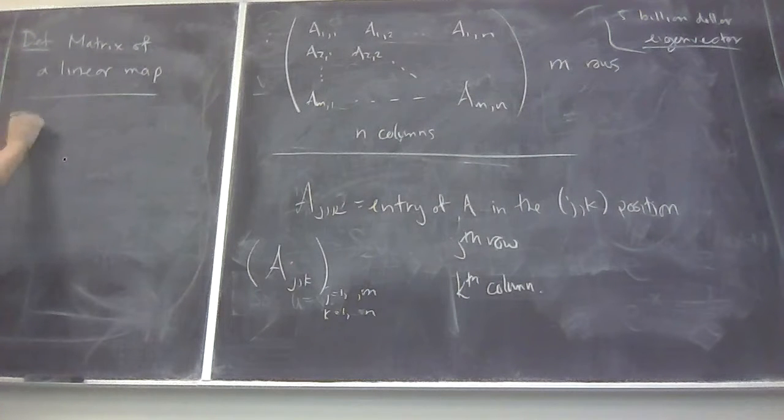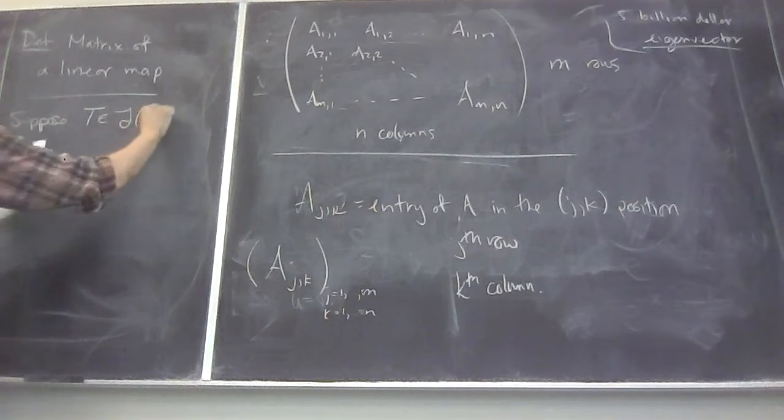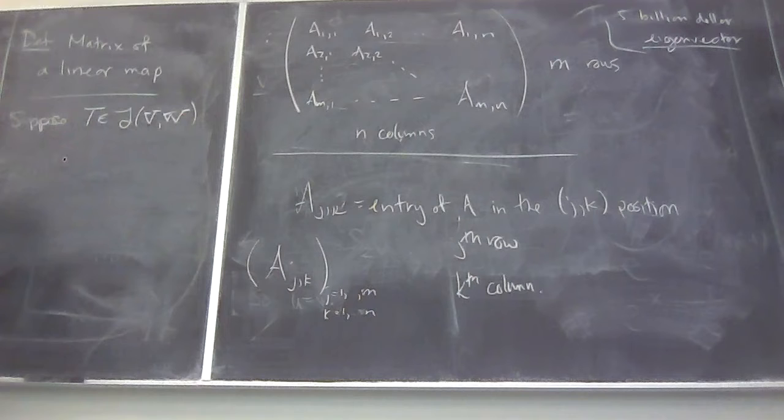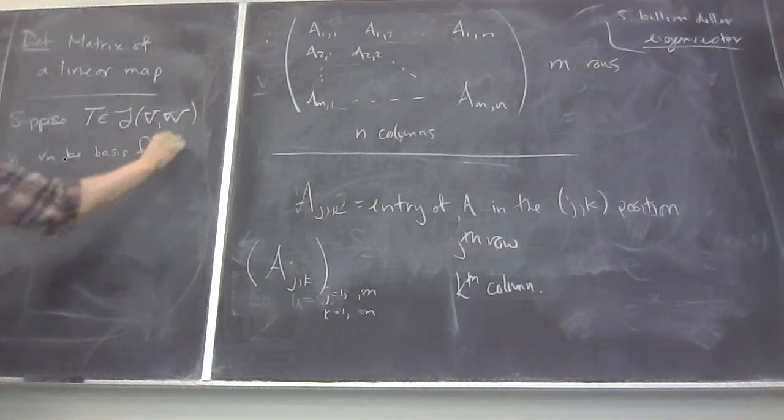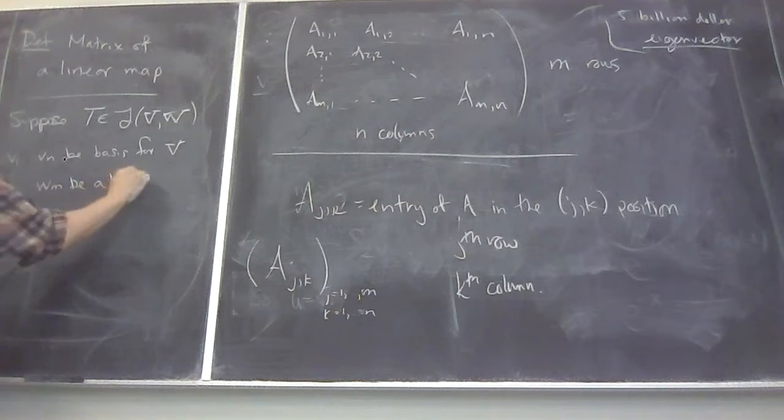So, T is an element of the linear maps from V to W. And let V1 to Vn be a basis for V, and W1 to Wm a basis for W. I'm just trying to make sure my subscripts match.